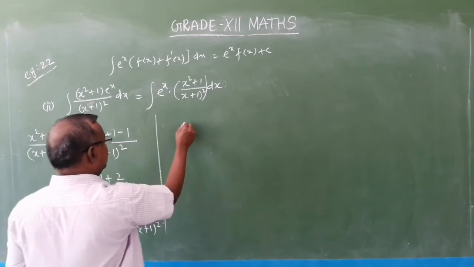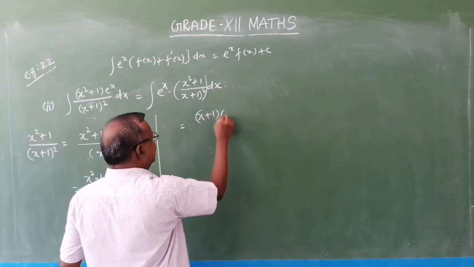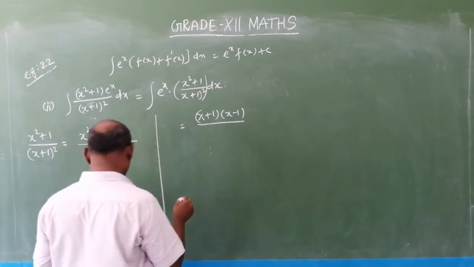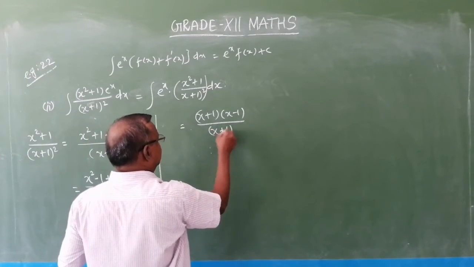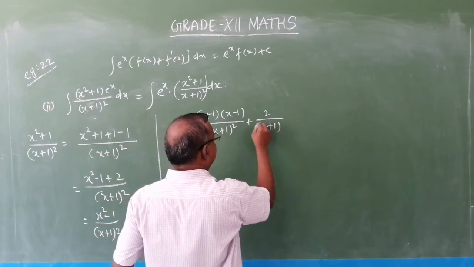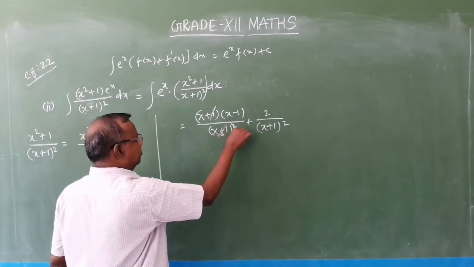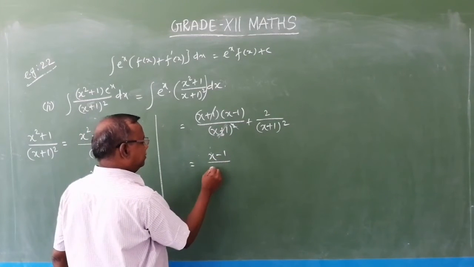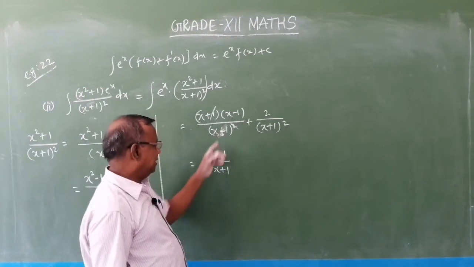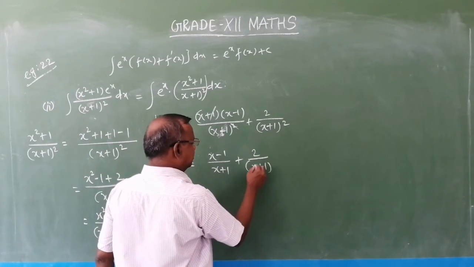That is equal to x plus 1 into x minus 1 divided by x plus 1 the whole square plus 2 divided by x plus 1 the whole square, which is x minus 1 divided by x plus 1 plus 2 divided by x plus 1 the whole square.